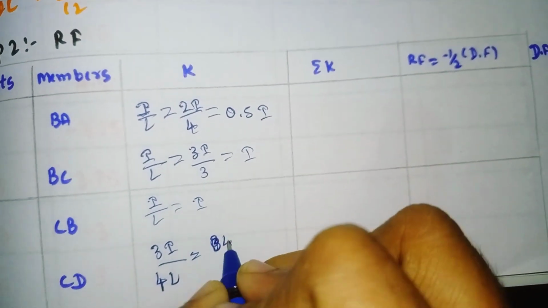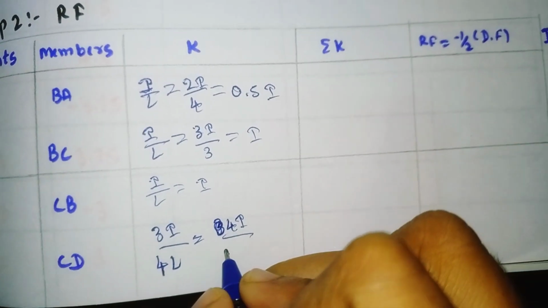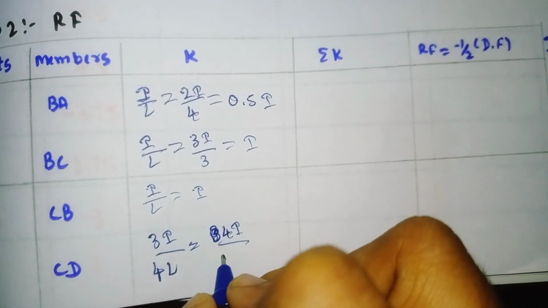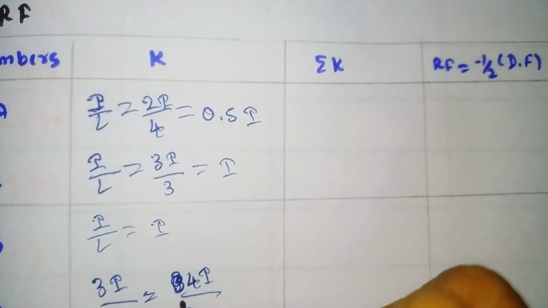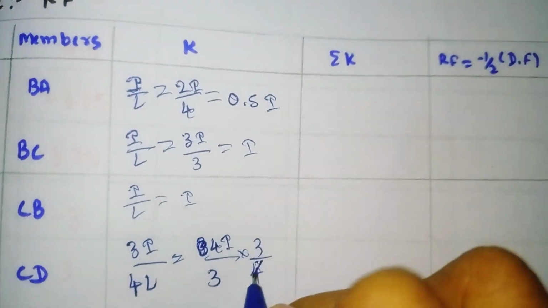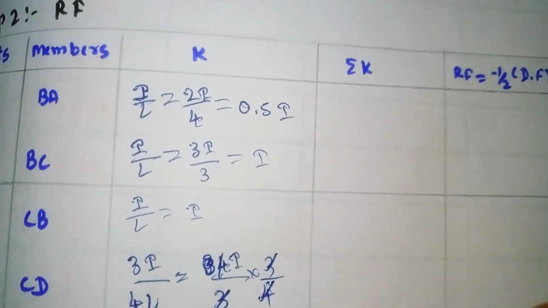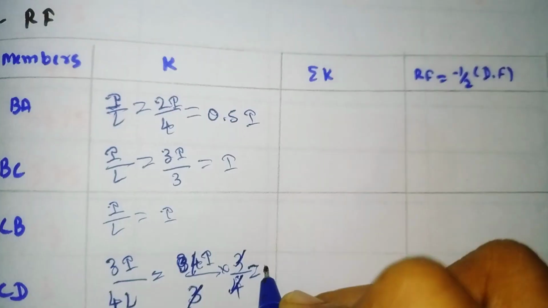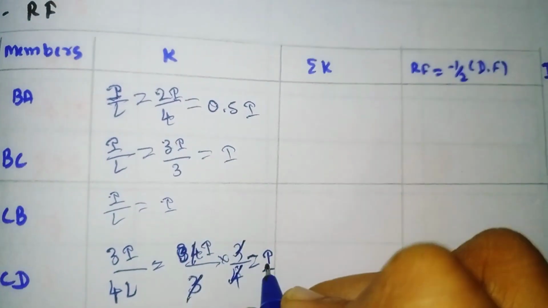So 4 will get cancelled, 3 will get cancelled. Remaining is only I.